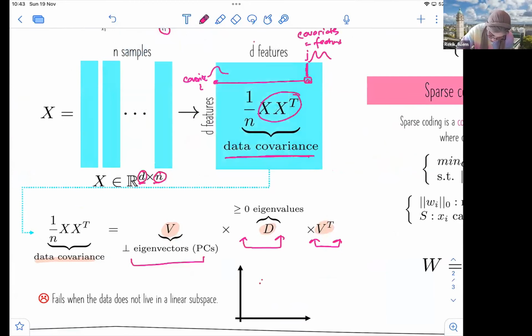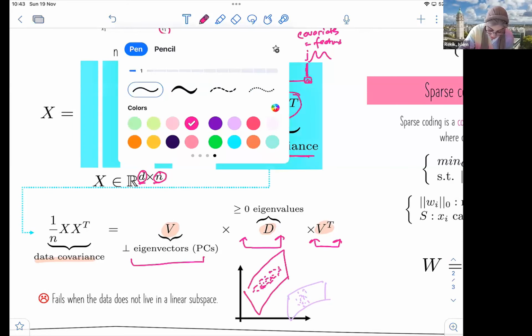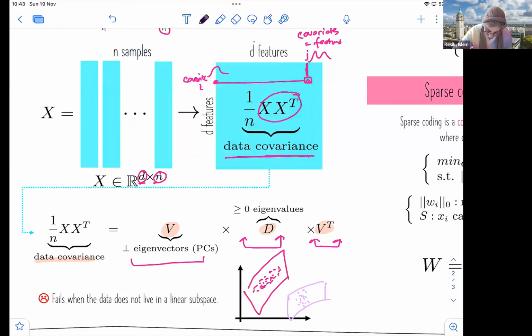You have the first distribution looking like this, right? And then the second distribution looks like that. You can see that the data lives in two completely different subspaces. If I try to maximize the variance, PCA will completely fail because it will look at this as a whole data set and try to find the directionality that maximizes this. So maybe it's this directionality. This one will not actually represent the data well.